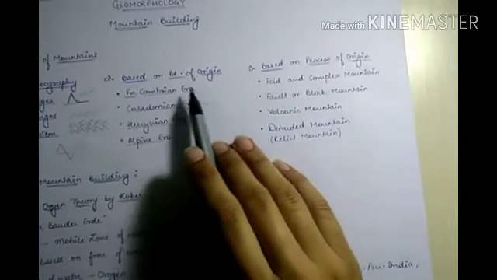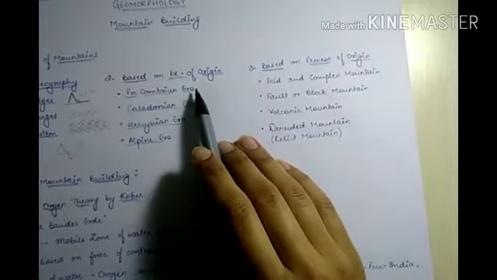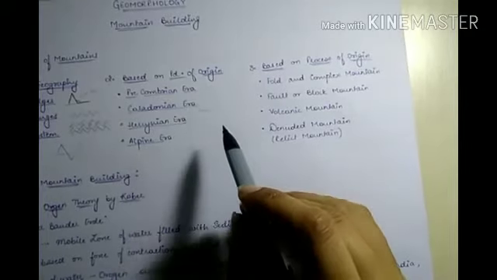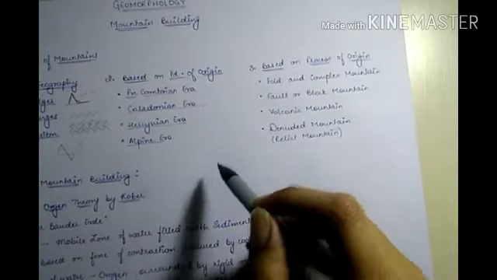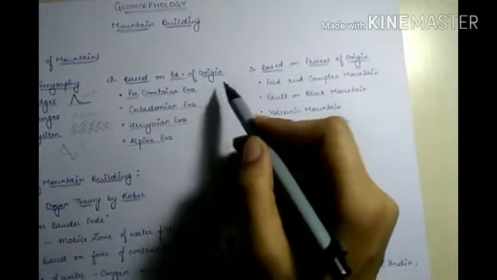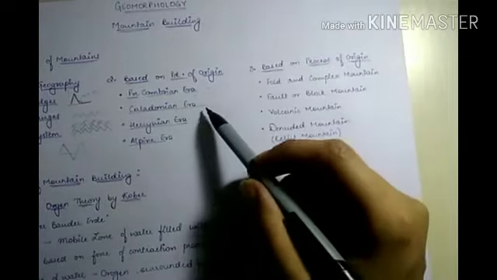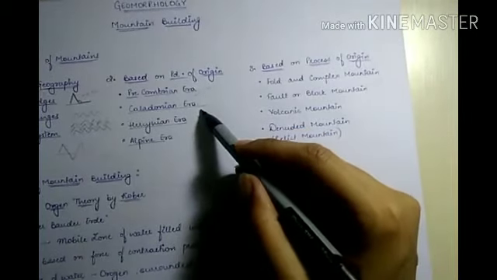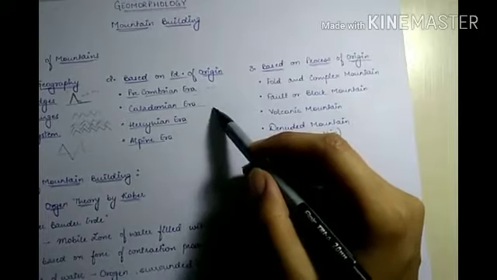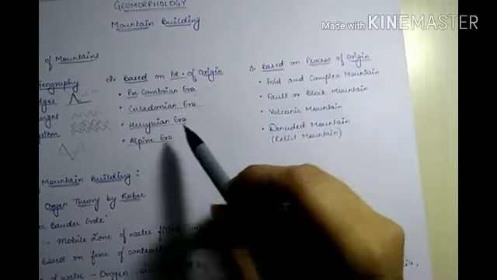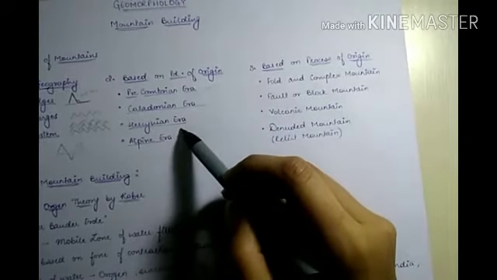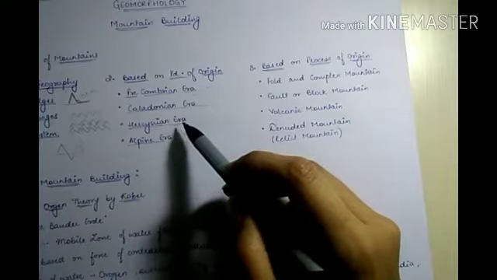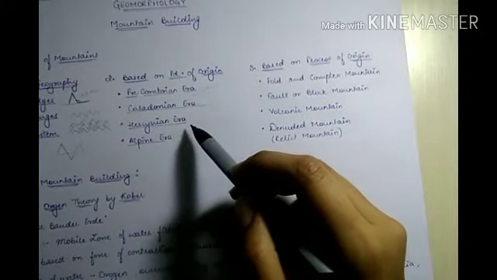First is the Precambrian era. The Precambrian era is the oldest era, and the Scandinavian mountain and plateau system are the best example for the Precambrian era. Next is the Caledonian era. The examples for the Caledonian era can be the Appalachian mountains, Aravallis, etc. Then is the Hyrcanian era. The Hyrcanian era lies between the Permian and Permo-Carboniferous period.